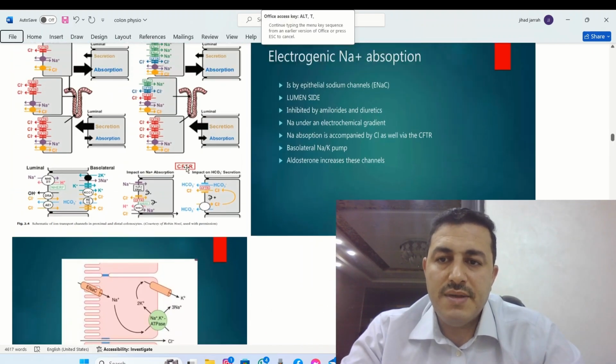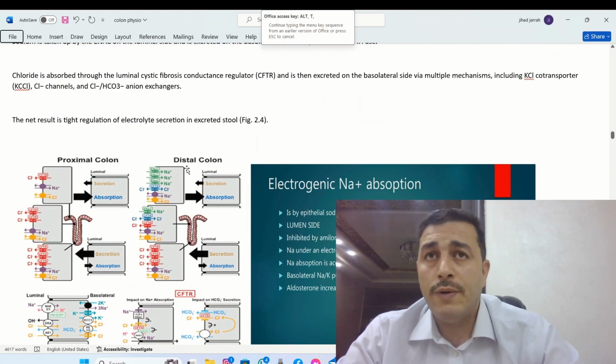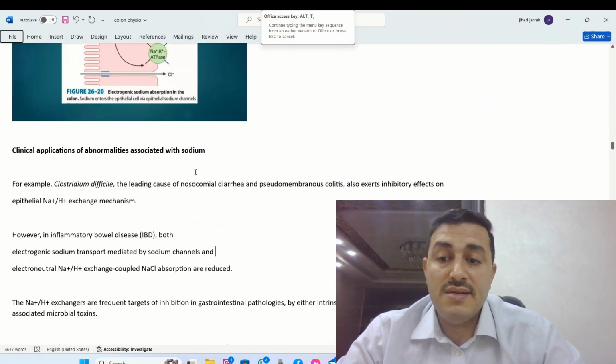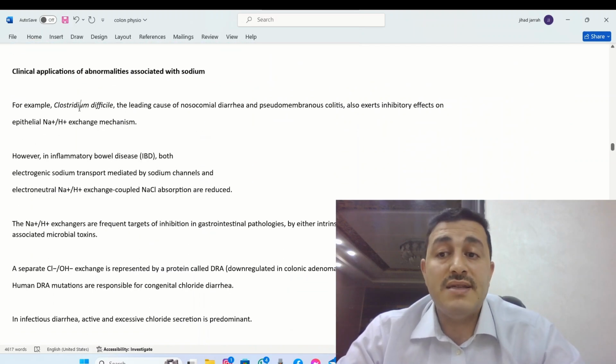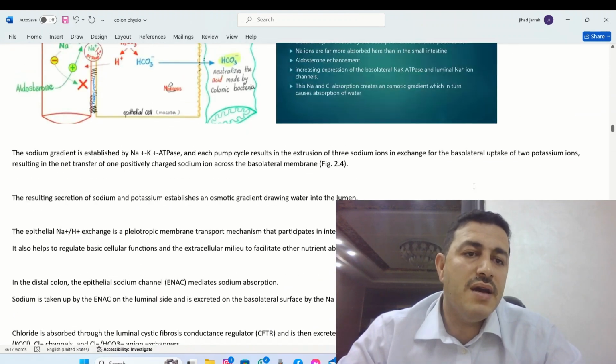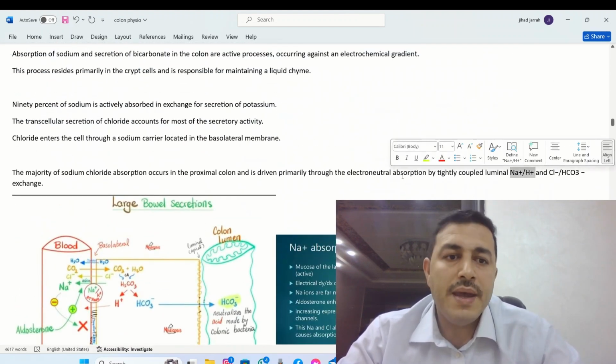This molecular mechanism of absorption of sodium and chloride may explain some diseases such as Clostridium difficile, which can be explained at the molecular level by inhibition of the sodium-potassium exchange.